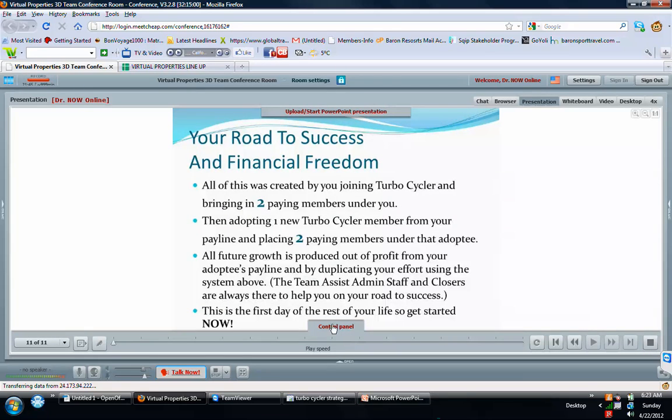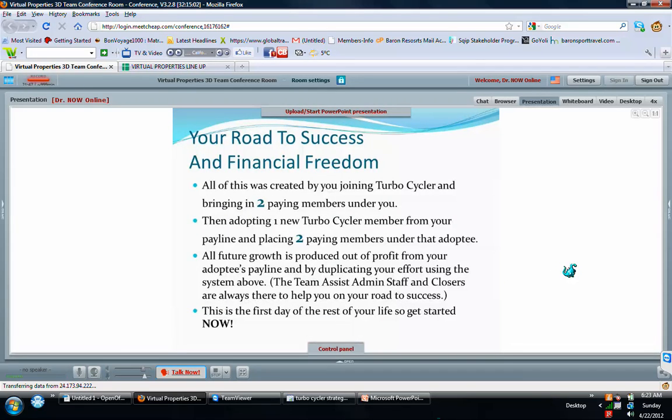So here is your road to success and financial freedom. All of this was created by you joining TurboCycler and bringing in 2 paying members under you. That's the first thing you did. Then you adopted 1 TurboCycler member from your 3rd position on the first position on your pay line, and then placed 2 paying members under that adoptee.